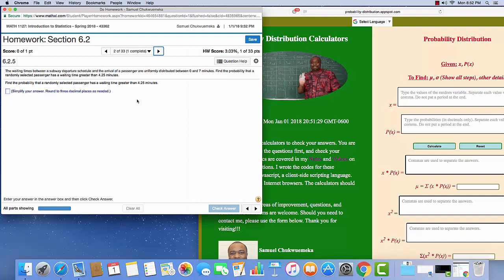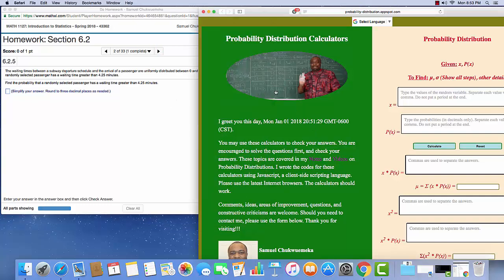So, question 2: the waiting times between a subway departure schedule and the arrival of a passenger are uniformly distributed between 0 and 7 minutes. Find the probability that a randomly selected passenger has a waiting time greater than 4.25 minutes. Okay, so let's do this, okay?